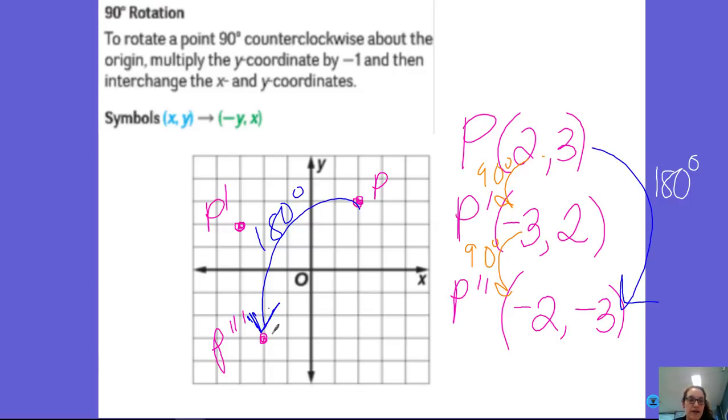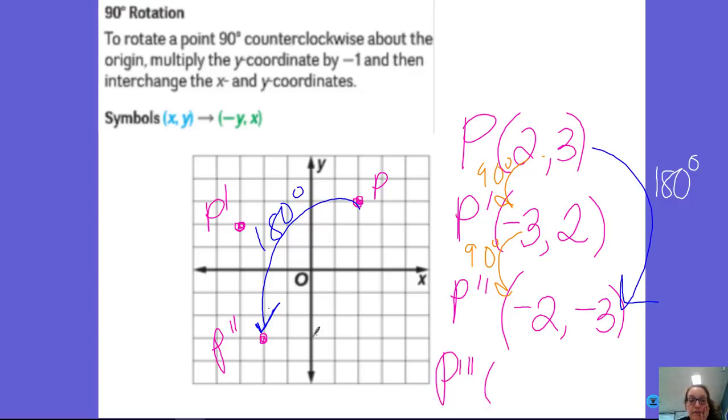Let's say we're at P double prime, and we want to rotate it 90 degrees again. Now I want to find P triple prime.